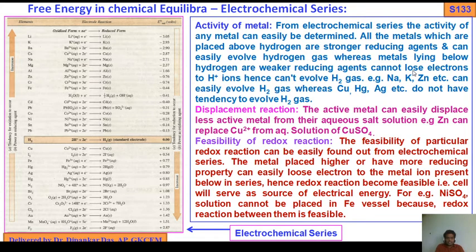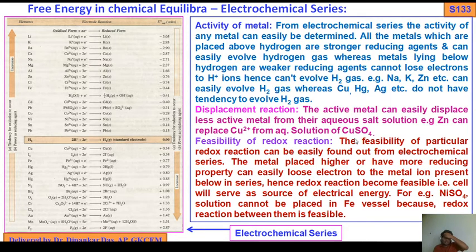Now, displacement reaction. An active metal can easily displace a less active metal from its aqueous salt solution. Zinc can replace copper 2 plus from an aqueous solution of copper sulfate.